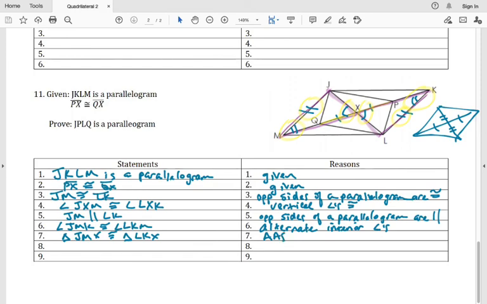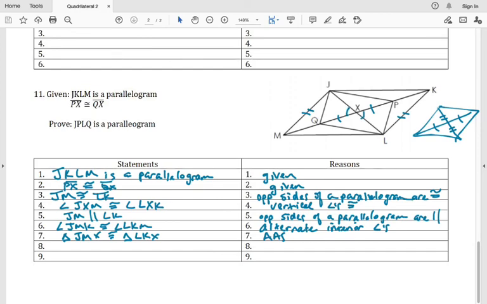Okay, now then we can prove that JX, I'm going to erase some of this in my picture. And let's go back over what we have. We were told PX is congruent to QX. We proved that JM is congruent to LK because it's a parallelogram. We know that those opposite sides are congruent. We also know vertical angles are congruent.